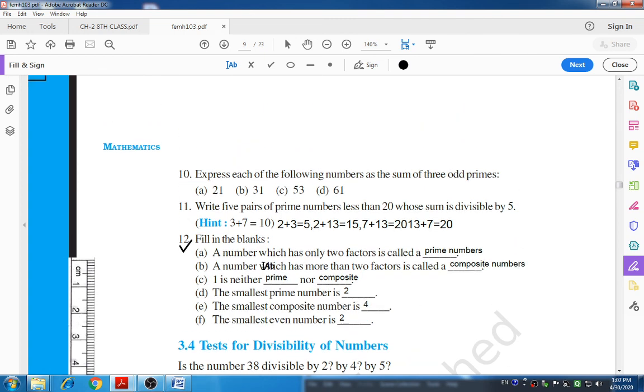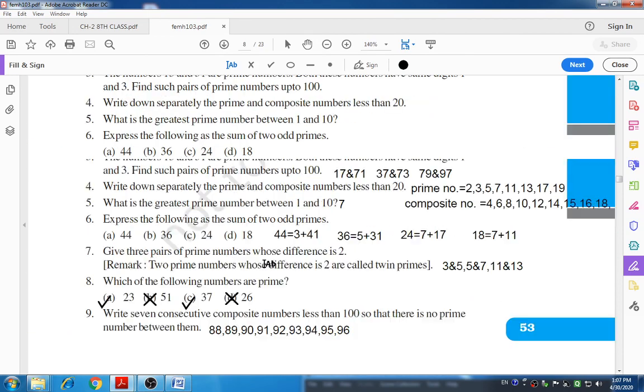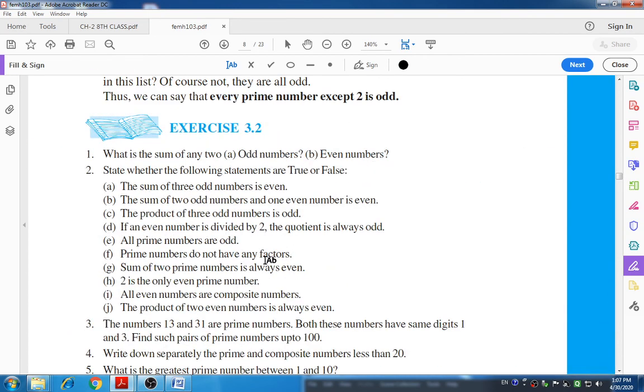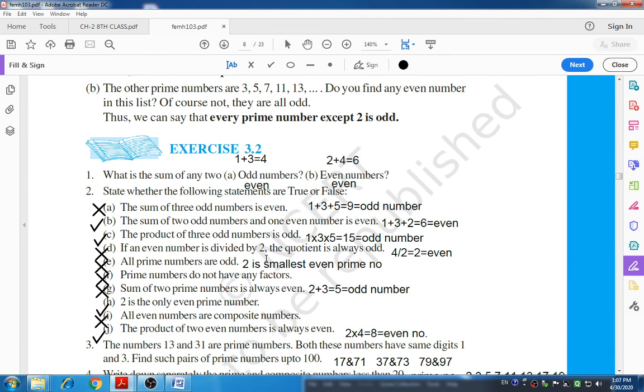Look, students, carefully. You have to solve this whole exercise 3.2, which is given on page number 53 of the textbook. Already our school shared a link where you can read your textbook. With the help of that link, open page number 53, topic number 3 of mathematics, and try to solve this exercise in your notebook.